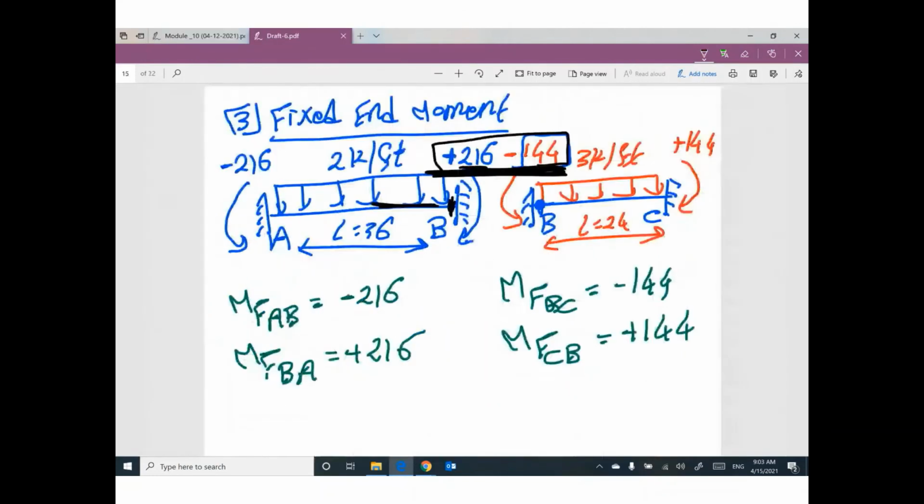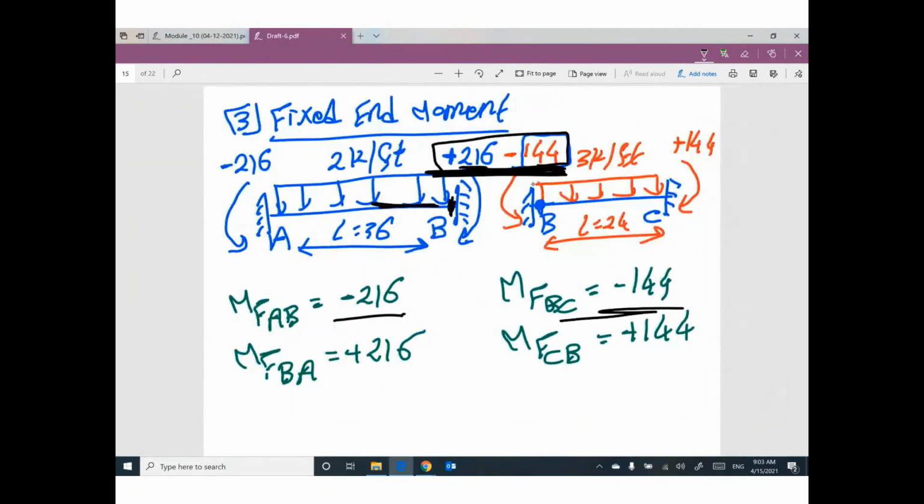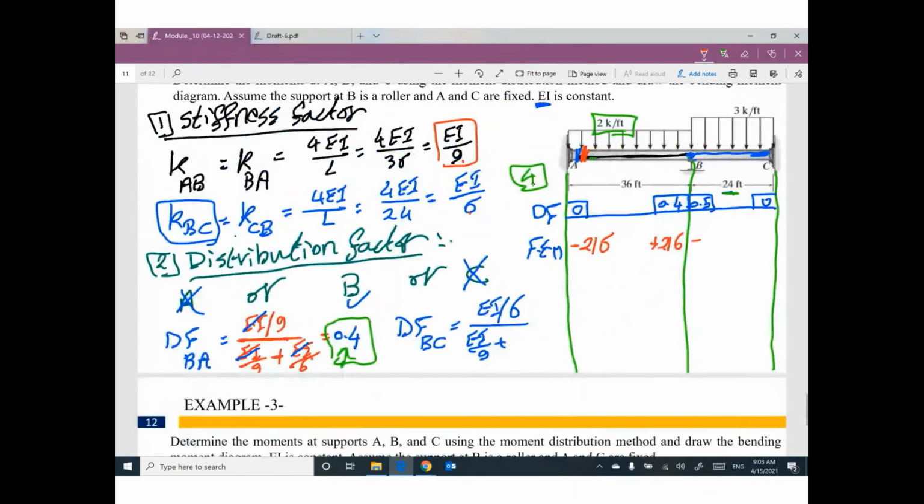AB, negative 216. BA, positive 216. BC, negative 144. CB, positive 144.